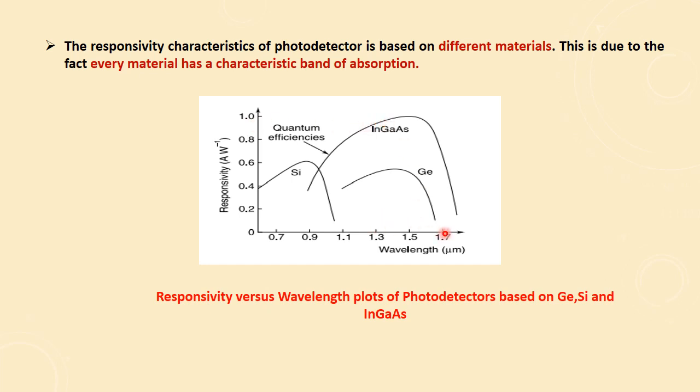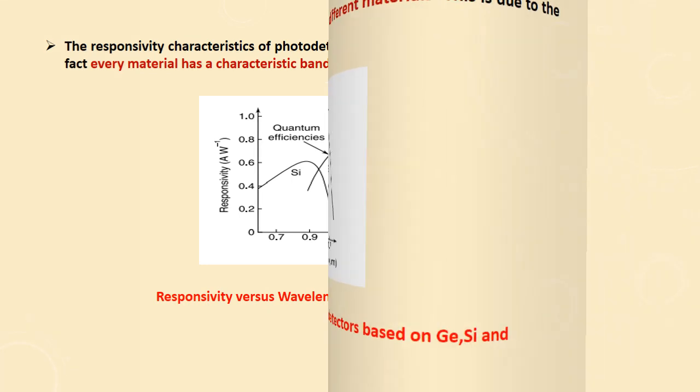So the responsivity characteristics of a photodetector depend on the different materials used. This is due to the fact that every material has a characteristic band of absorption. Based upon that we can find out the responsivity of the particular material used.